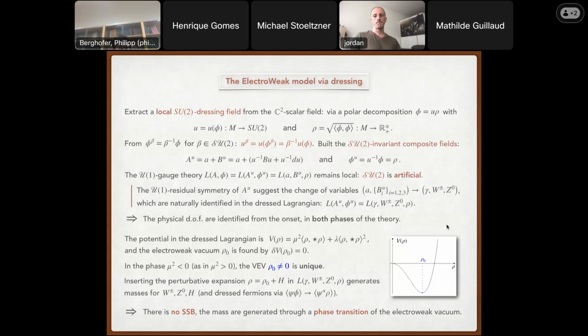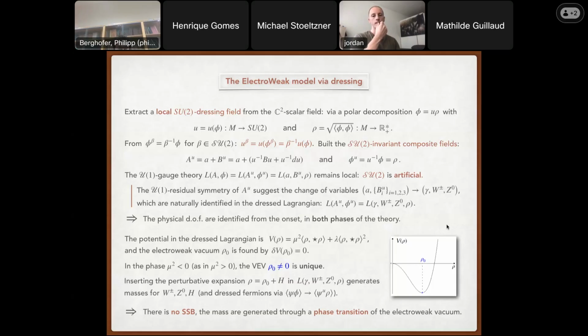Sorry, but by the last sentence, all you mean is that the expansion around this shifted vacuum, vacuum rho naught, will have mass terms, and it doesn't depend on anything eating anything.